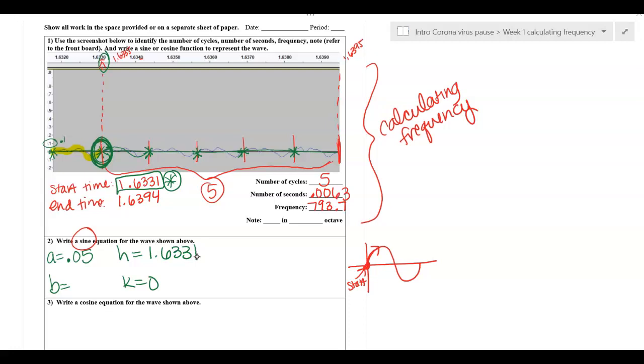So I want you guys to remember for both sine and cosine, we said that the parent function period was 2 pi, that all those functions started with a period of 2 pi, and that the only way we could change the period was through horizontal compression or stretching.